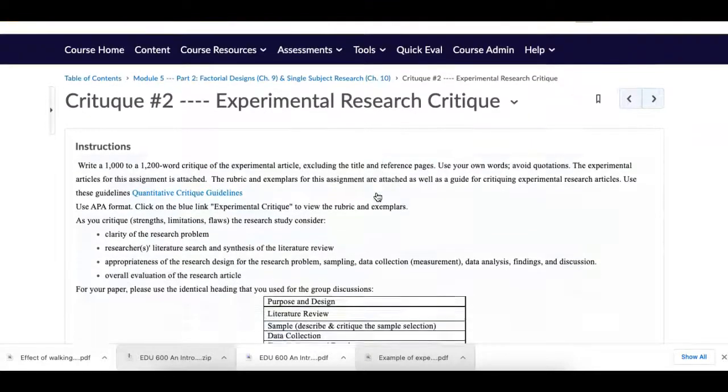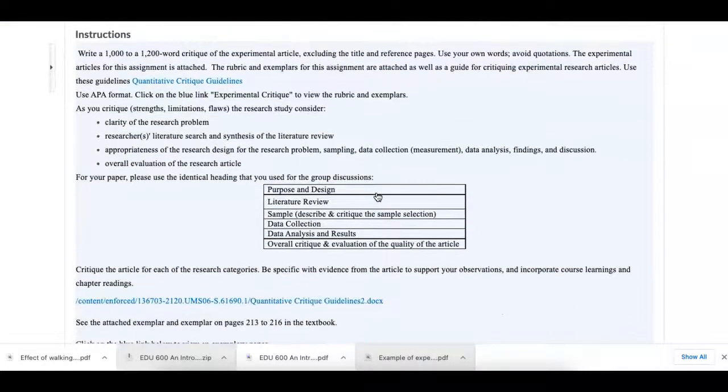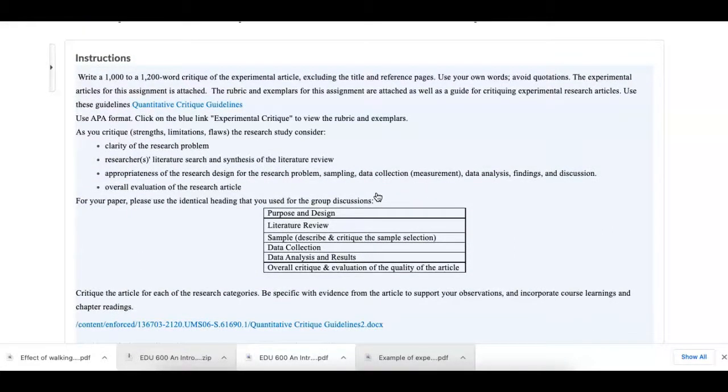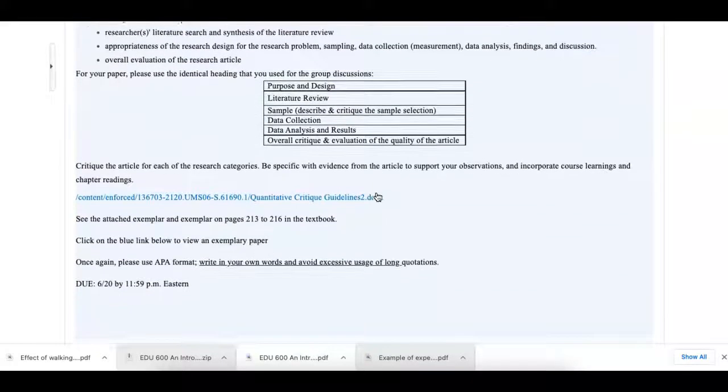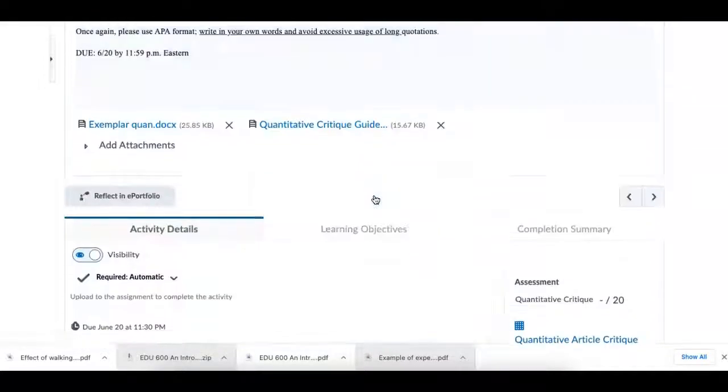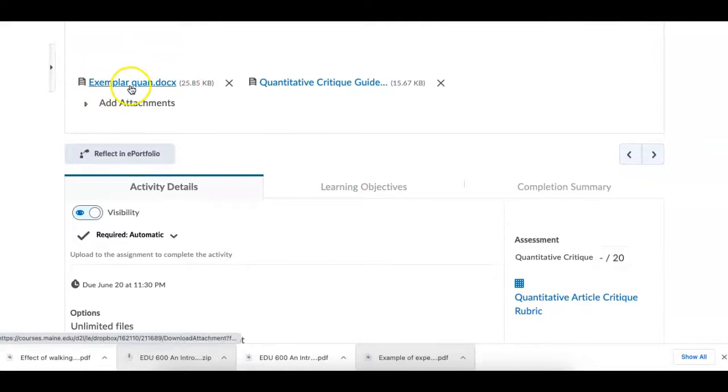Okay, so here's the specific information on the assignment that's due on the 20th. So I'd like you to read the article on dogs. Just so you know what's down here, we have an exemplar, the critique guide, and for those that didn't know where it was the last time, we have the article critique rubrics here.